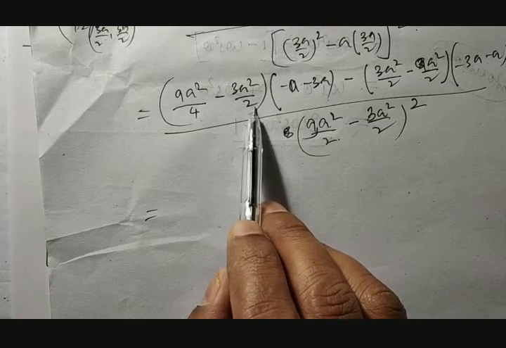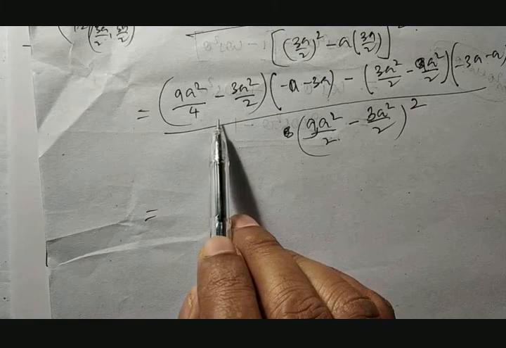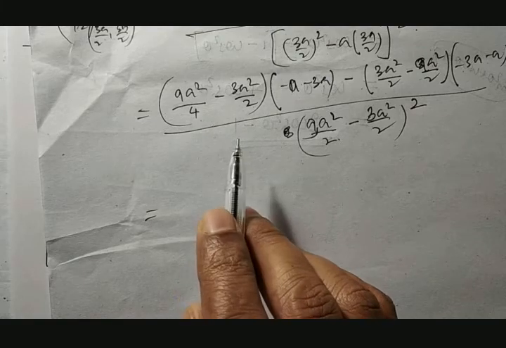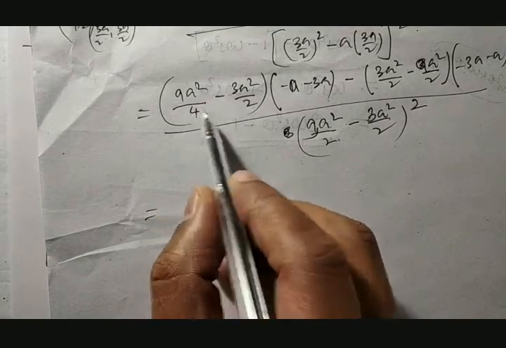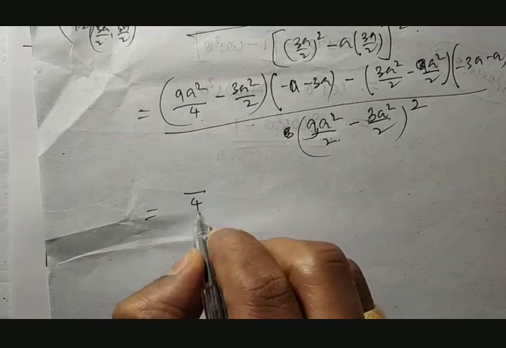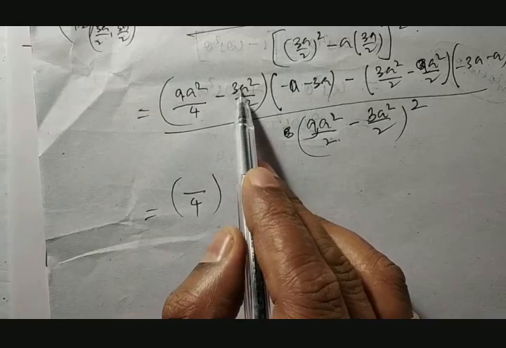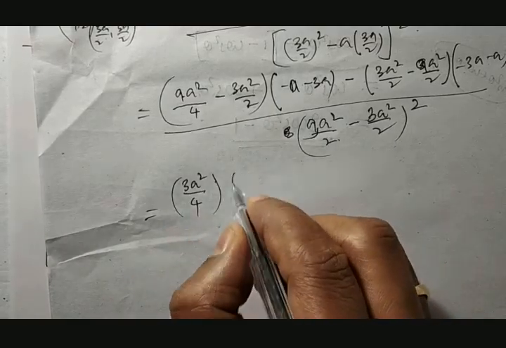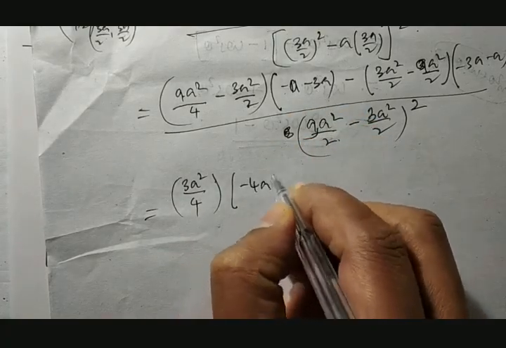Okay. If I take its LCM, then what it will be? You can see here, if I take the LCM, that is 4, then here it will be 9a square minus 2 into 3, 6a square, that is 3a square. Fine. 3a square into minus a minus 3a will be minus 4a.